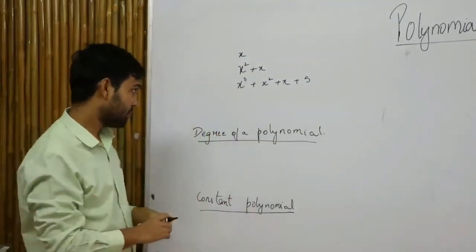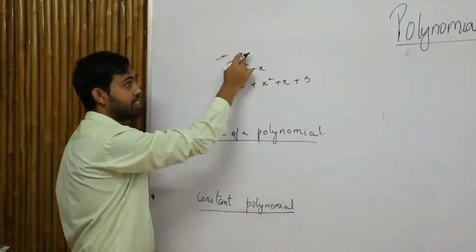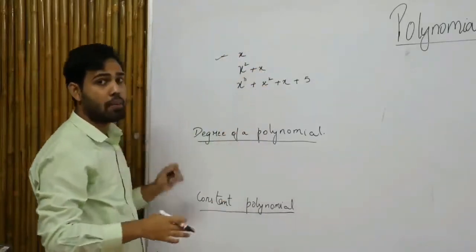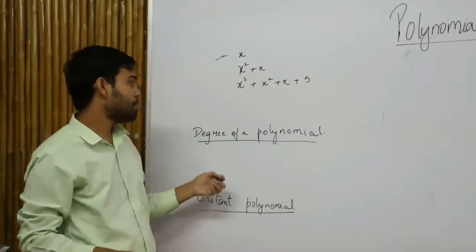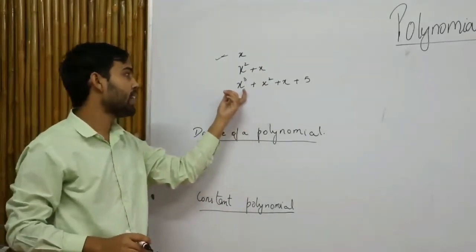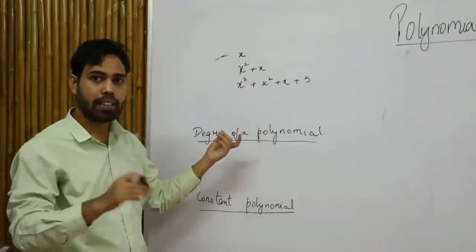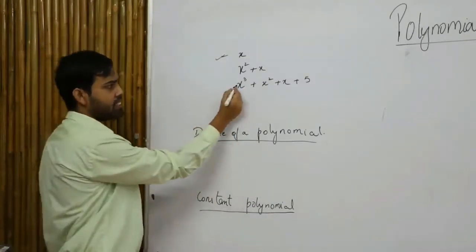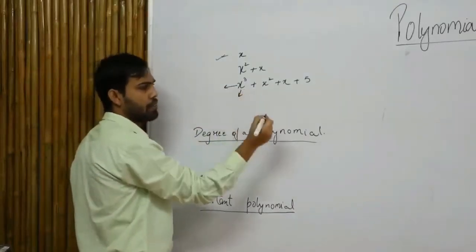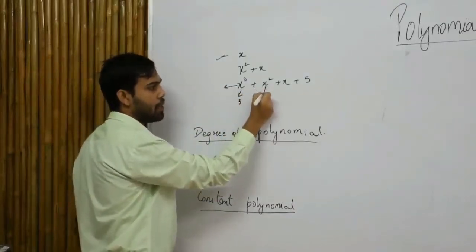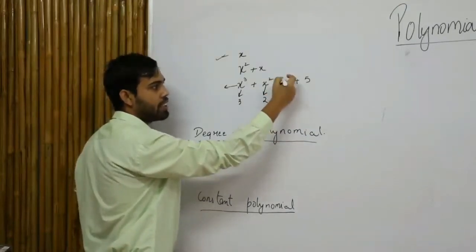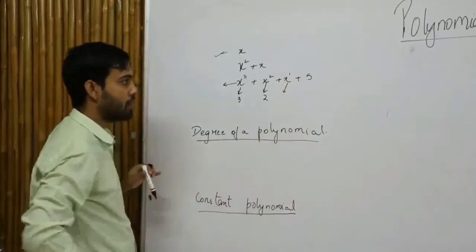As we can see, in some cases I have only one term, in some cases two, and in some cases more than two terms. So basically, for the degree of a polynomial, I look at each term and at the power of the variable in these terms. What is the power of the first term? It is 3. What is the power of the second term? It is 2. The next one has nothing written, which means the power is 1.